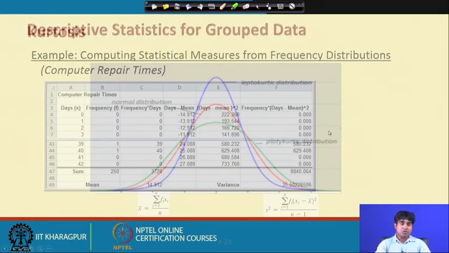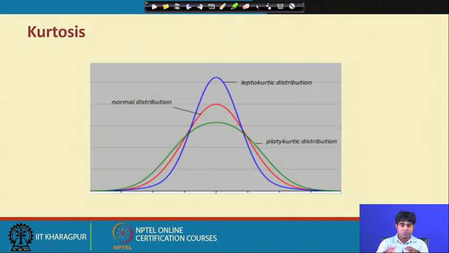In fact, reporting this is how the shape of the distribution looks. It should be completely bell shaped, not very flat or very pegged, but what we call normally distributed.